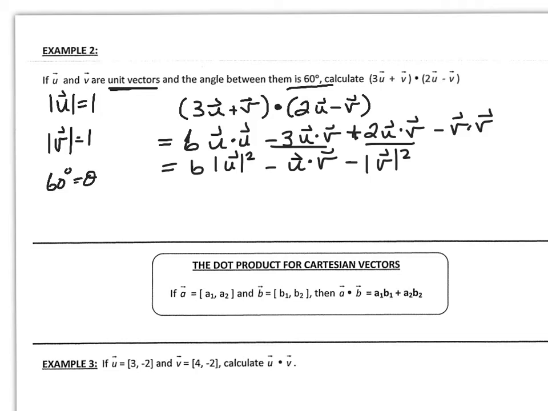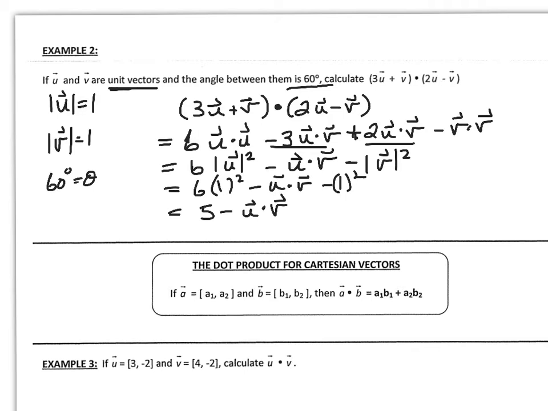Okay, that'll give us, since the magnitude of u is 1, we'll have 6 times 1 squared minus u dotted with v and minus 1 squared again. Okay, that'll give us 5 minus u dotted with v.